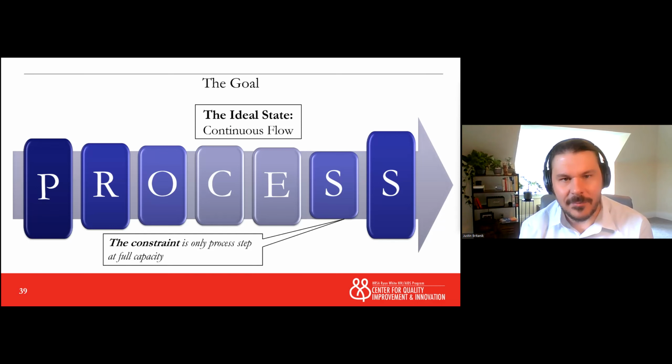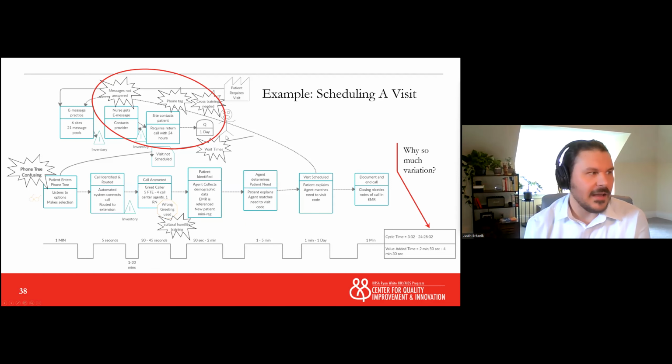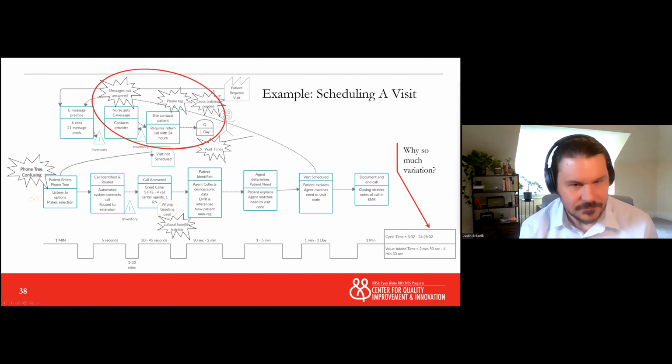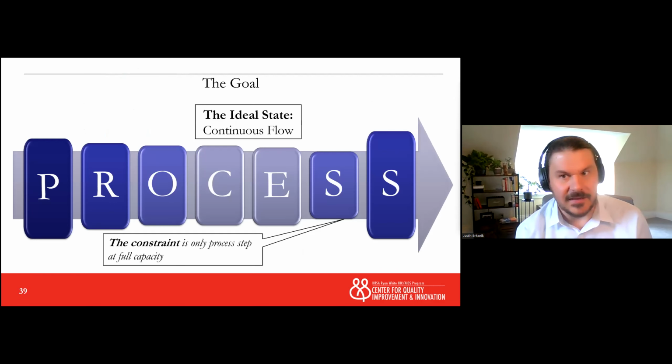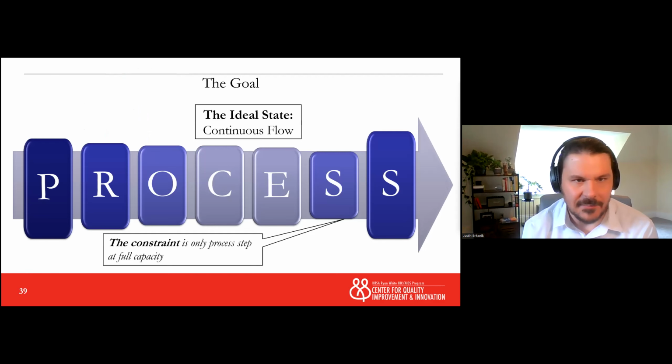So the only step we want at full capacity is that constraint. So in this case, it's the site basically. Whoever's making that appointment, that's the only step that we want at full capacity. So maybe if we have a call center that's taking call after call after call, but everyone else has a little bit of downtime to reset.